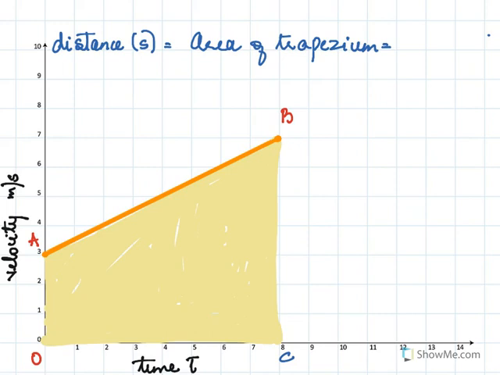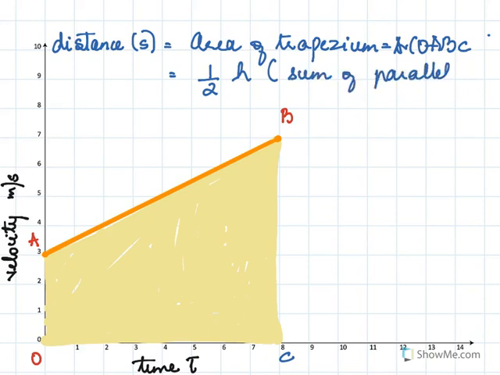The formula for the area of a trapezium is half the height of the trapezium and the sum of the parallel sides. So for this it will be half.